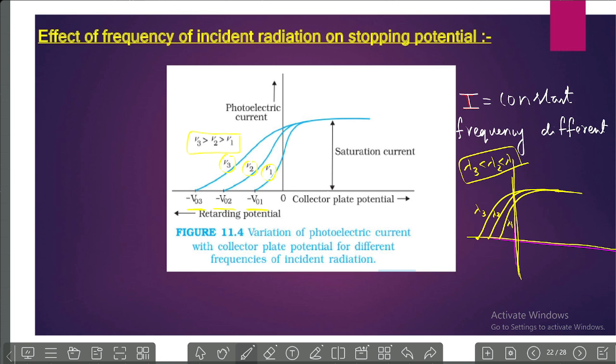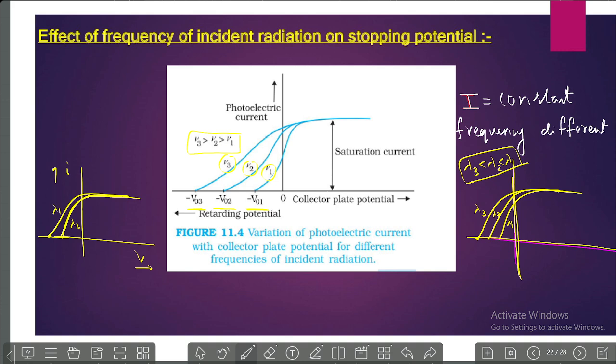Suppose this type of graph came in the exam, a photocurrent and collector plate potential graph, with lambda 1 and lambda 2. Tell me, which lambda is greater? Lambda 2.